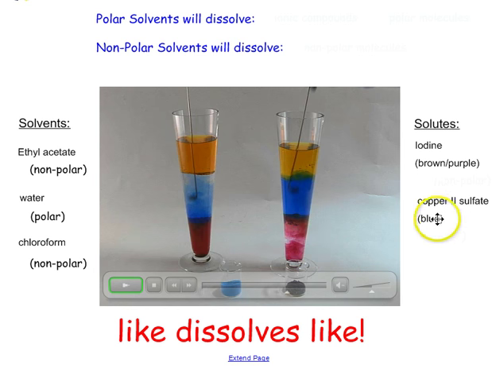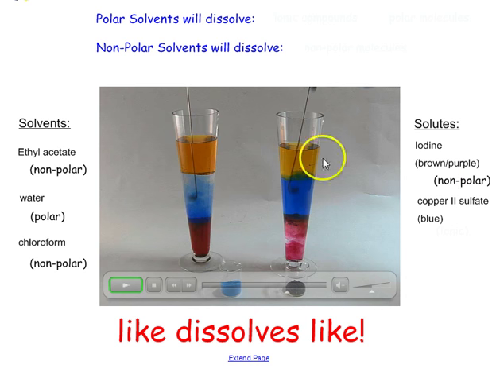So it turns out that depending on the properties of the substance you want to dissolve, the solute, that'll determine whether or not it will dissolve in either a polar solvent or a nonpolar solvent. So it turns out that iodine is nonpolar.